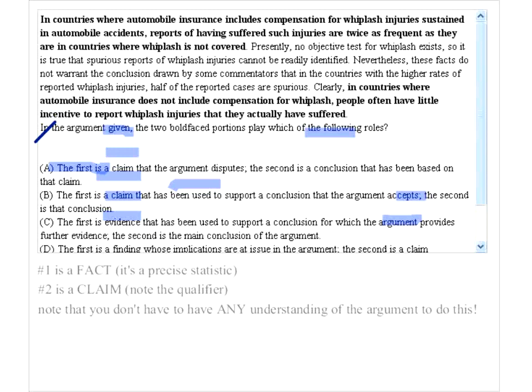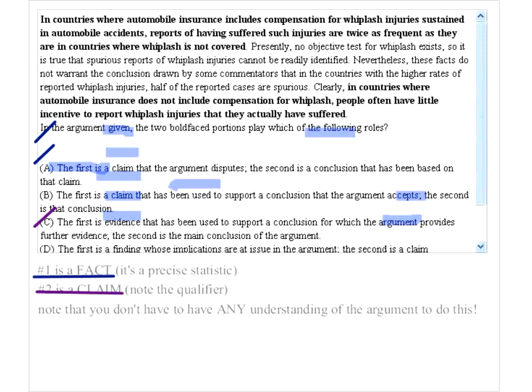A is gone, and B is gone, because number 1 has to be a fact. Number 2 has to be a claim. Well, evidence is not a claim. Evidence would have to be a fact, and this is not a fact. So we can rule out E as well.